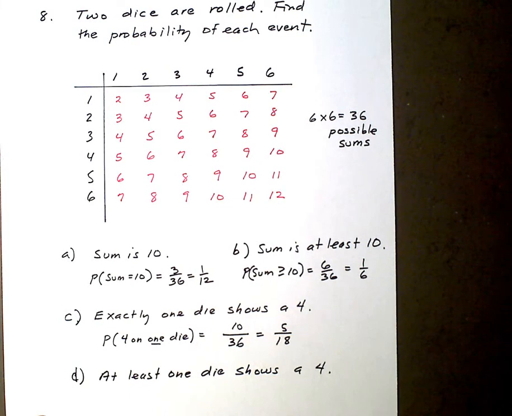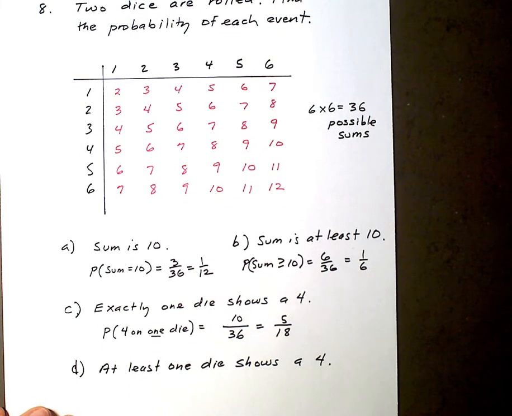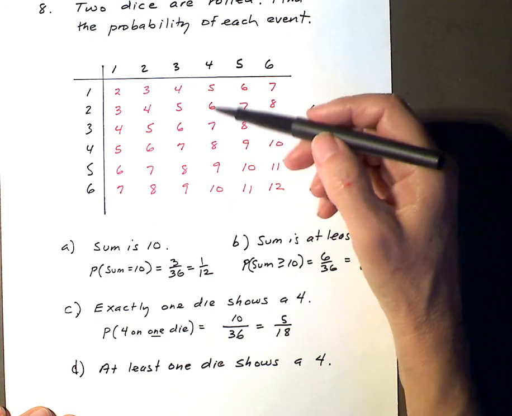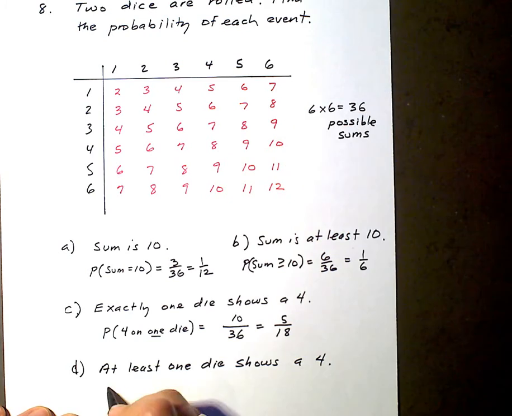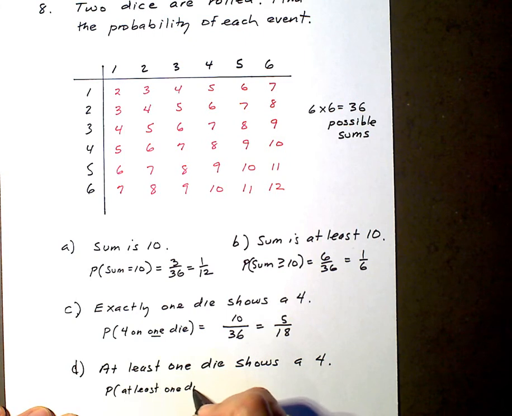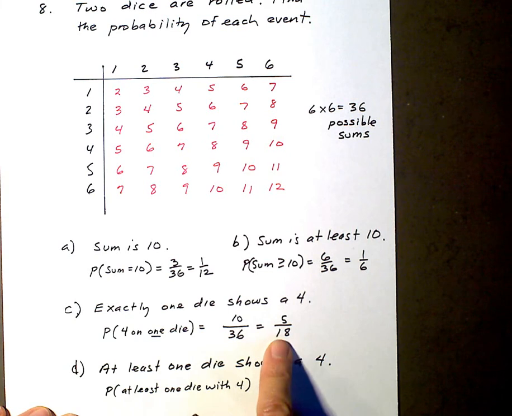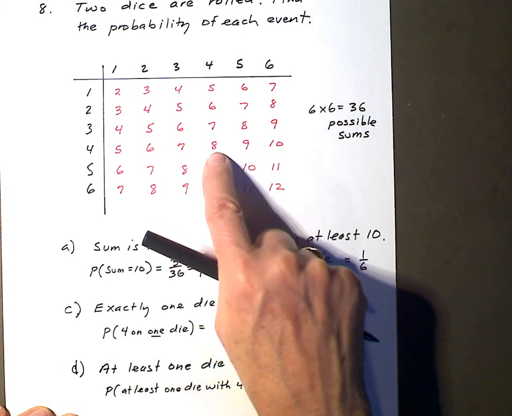And then the last one, the probability that at least one die shows a 4. That's going to include this one, so it's either one die or 2 dice. So the probability of at least one die with 4 is really adding together the probability that there's a 4 on one die with the probability that it's on 2 dice, like right here.